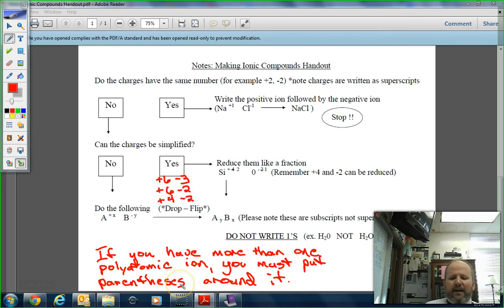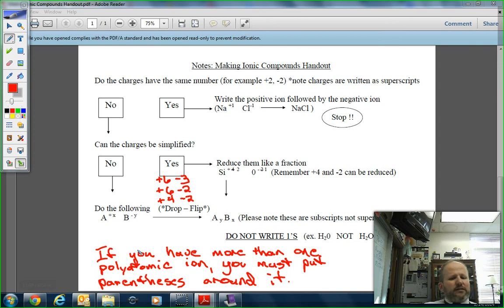If you have what I have in red here in your notes on your flow chart, just realize that when you get to the bottom and you start to drop and flip, and you notice that, oh, that's a polyatomic, and I'm going to have more than one of them, then you have to put parentheses around it.